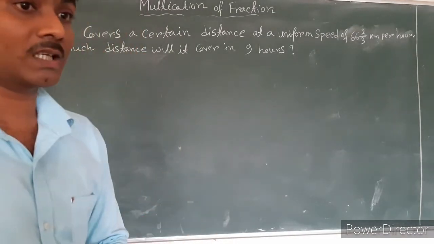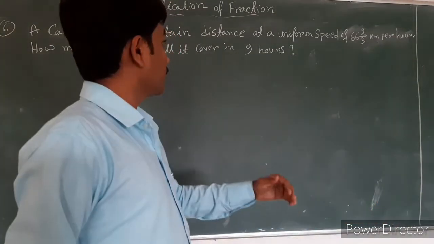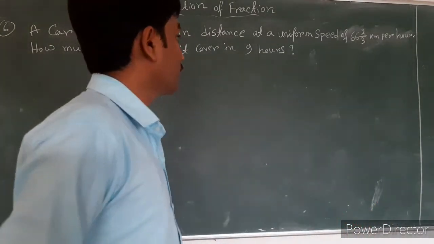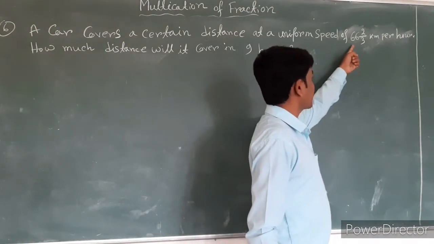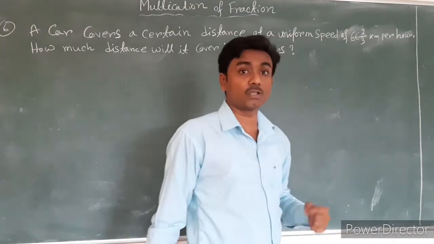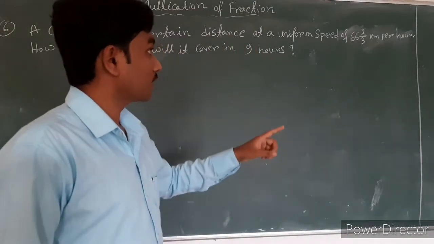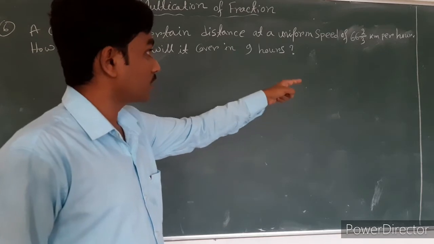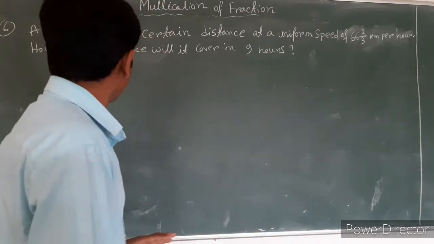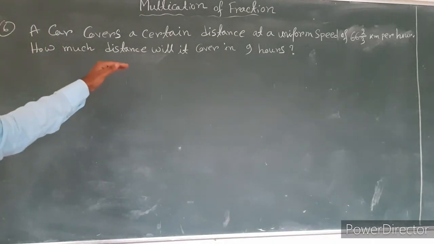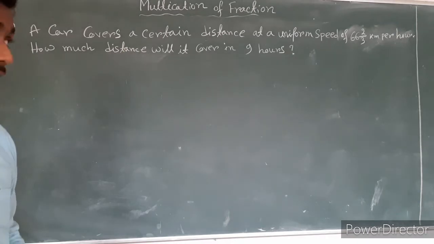So a car covers some distance with equal speed, 66 whole 2 upon 3 kilometers per hour. In 1 hour, the car moves 66 whole 2 upon 3 kilometers. So how much distance will it cover in 9 hours?